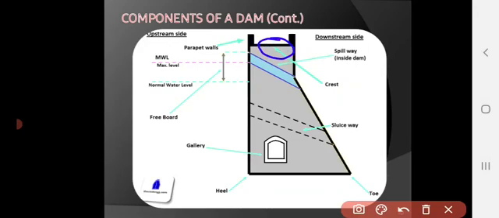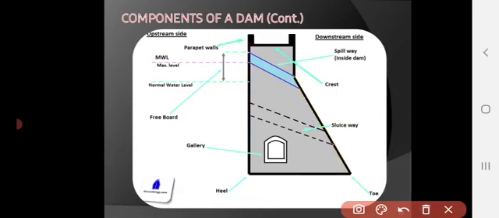The upstream edge of the dam is known as the heel, and the downstream edge is known as the toe. So in this typical concrete cross section, the triangle's top portion is known as the crest, the upstream edge is the heel, and the downstream edge is the toe.